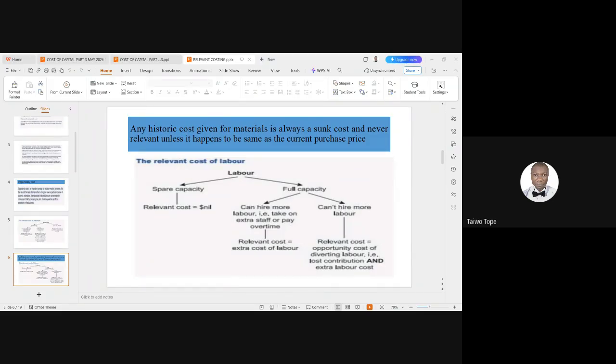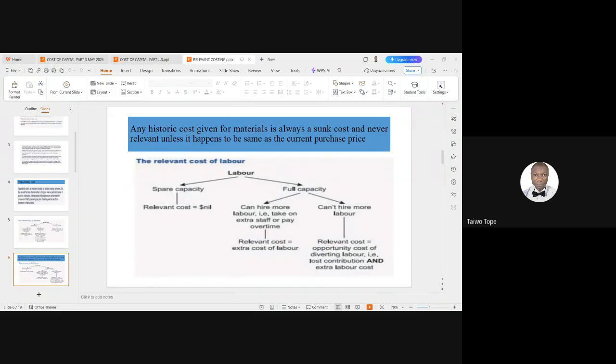The cost of labor for working extra hours is a relevant cost, because it is as a result of the demand that you want to meet that you are now working extra hours.